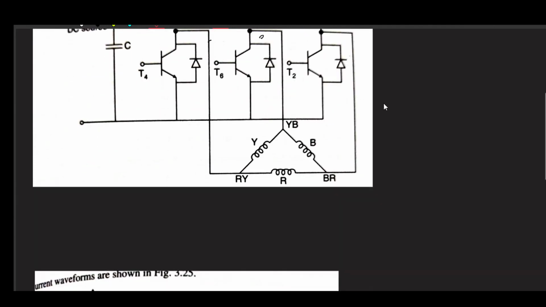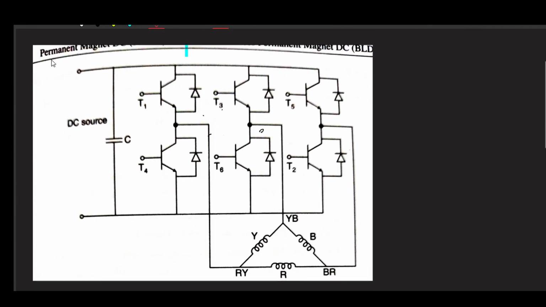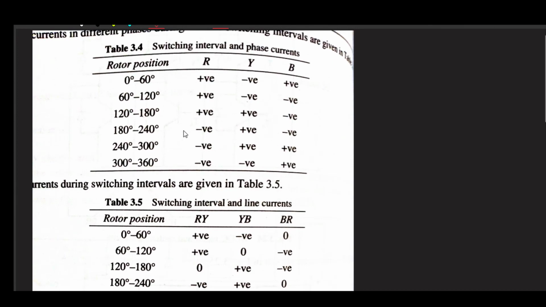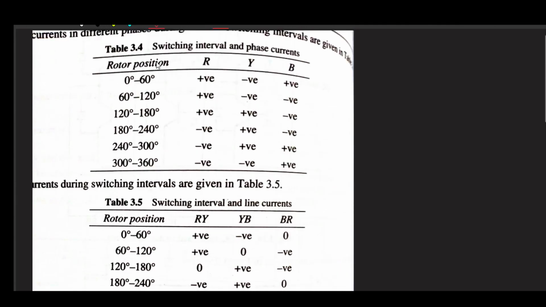So if we want 180-degree from the DC source, then what should it be? In the first half cycle all the time T1 should be on, right? Here actually you can see this. This is the scenario, how the things should be, and the way you should toggle your switches, like T1, T6, is also given.